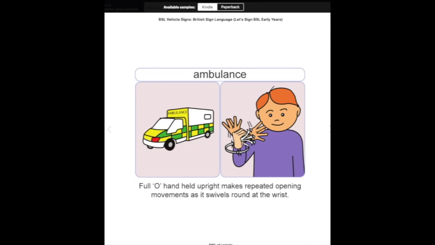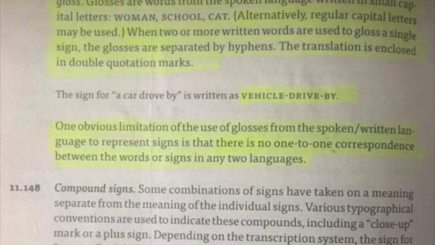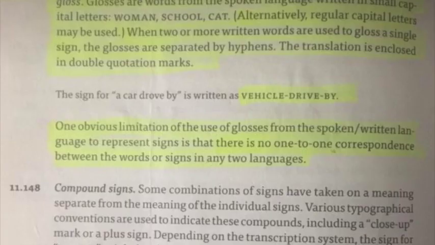They carry something within it. Don't get that confused. A vehicle is not just a car, and it's not the same thing. So the sign for a car drove by is written as VEHICLE DRIVE-BY. As you notice straight away, all these words are written in capital letters. What they're trying to do is make you believe that a vehicle is a car, whereas you can see here it says a car drove by is written as.